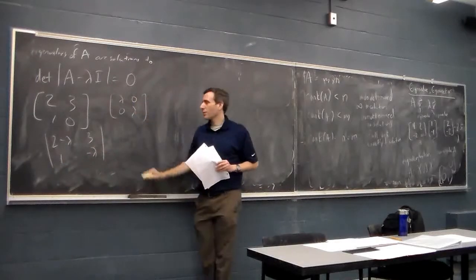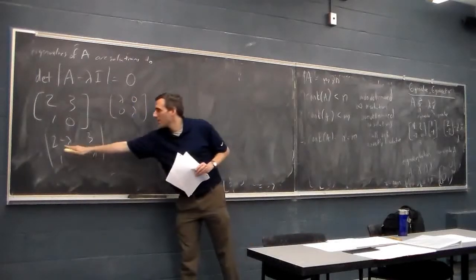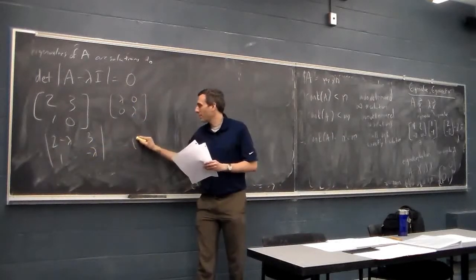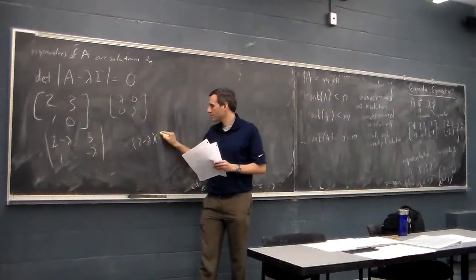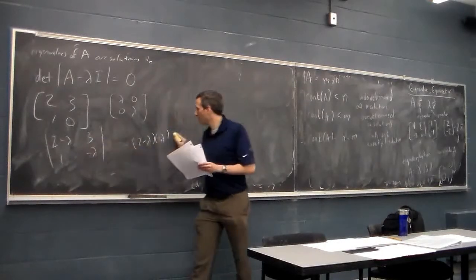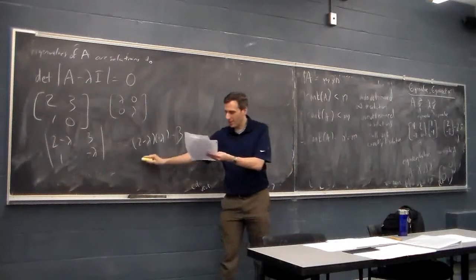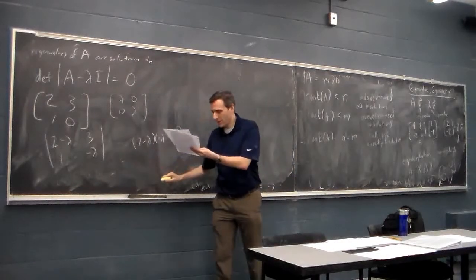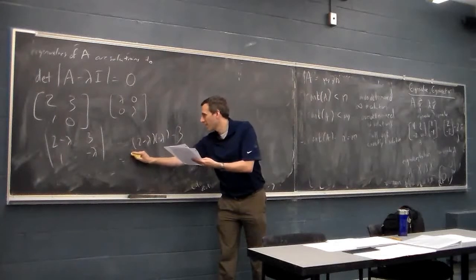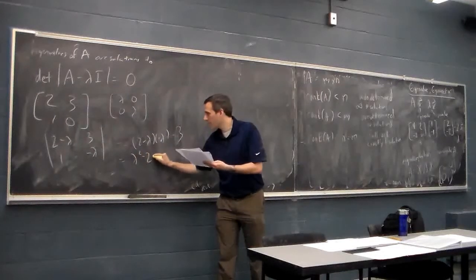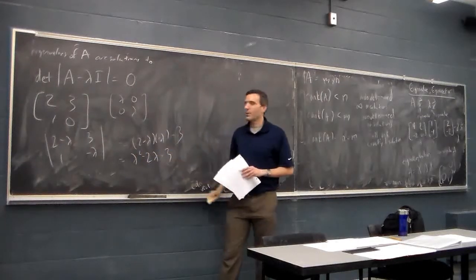And if we take the determinant of that, that's going to be 2 minus lambda times minus lambda, minus 3 times 1. And if we multiply through this, as I mentioned, it will become a polynomial in lambda. So in particular, this will become lambda squared minus 2 lambda minus 3.